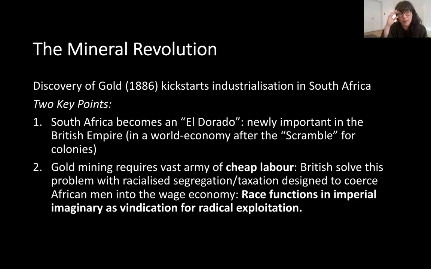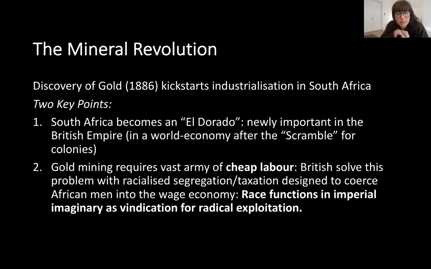Global hegemony was increasingly dependent on the size of an industrialized nation's empire. And South Africa, as the site of a very gold-rich colony, became hugely important for securing Britain's hegemony in this context where other imperial powers were competing with Britain.